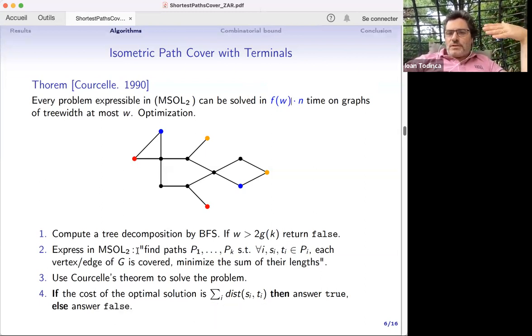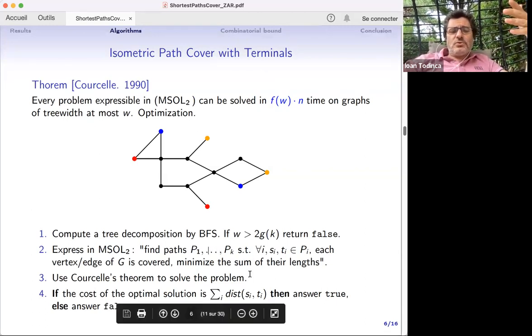If the parameter w is small enough, then we express this question of finding paths P1 to Pk, such that P1 joins source 1 to target 1, path 2 joins source 2 to target 2, and so on and so forth. And we minimize the sum of the lengths of the paths. Actually, we minimize the total number of edges that we use in all these k paths.